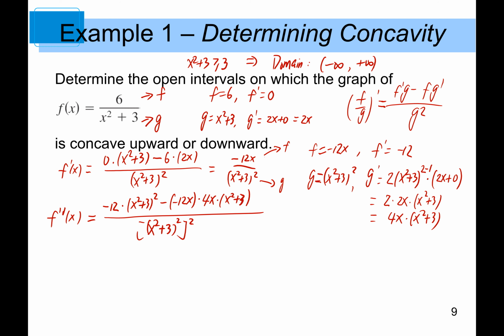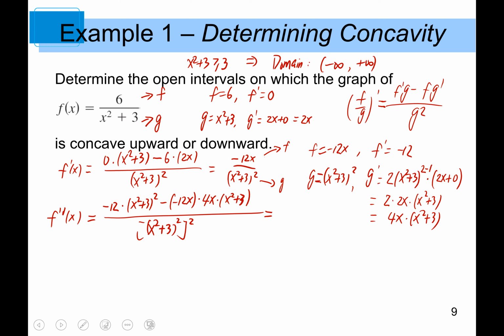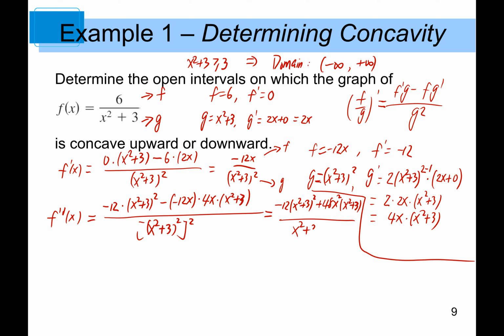Okay, so now we've got to simplify this. So we get negative 12 times x squared plus 3 squared, minus, plus, right? Minus becomes plus 48x squared plus 3. Bottom is x squared plus 3 to the 4th.